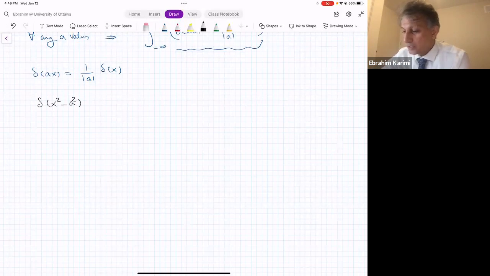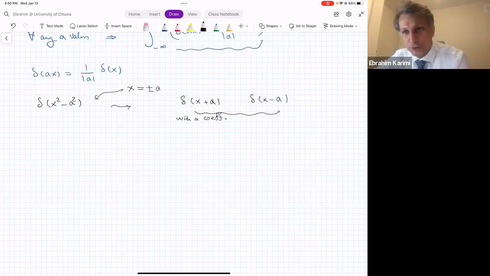So where the delta is unknown or is infinity at x equal to plus minus a, there are two places in space that delta is unknown, or it takes the infinity value. So definitely that can be expressed as a delta of x plus a and delta of x minus a with the proper coefficient.